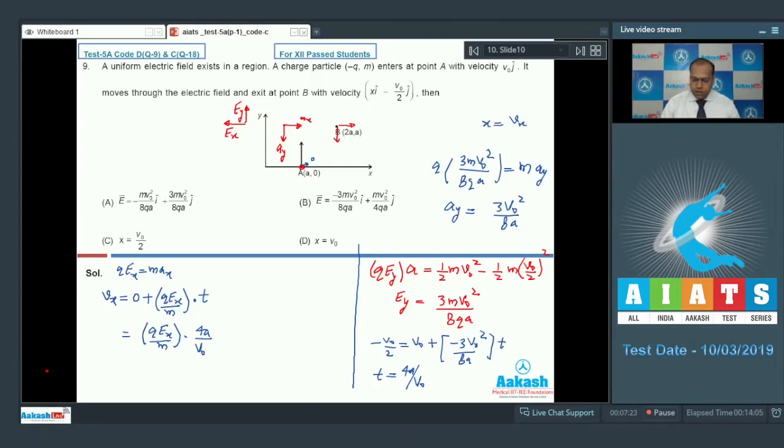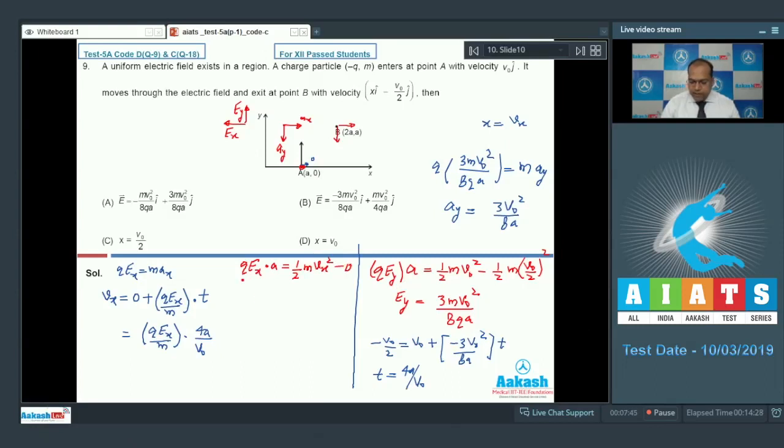Now we know that the work done by electric field in x direction, that is q into Ex into displacement in x direction, which is a, is equal to the change in kinetic energy of the particle in x direction, which can be written as half into m into Vx square minus 0.